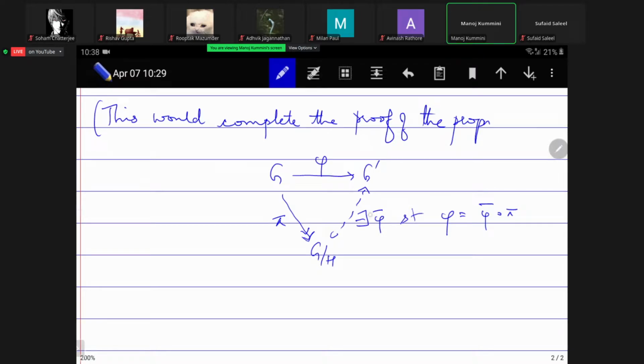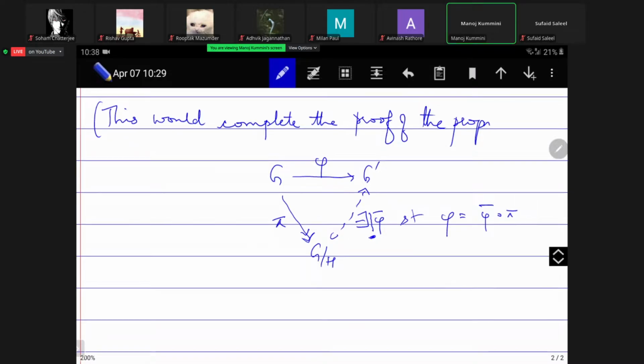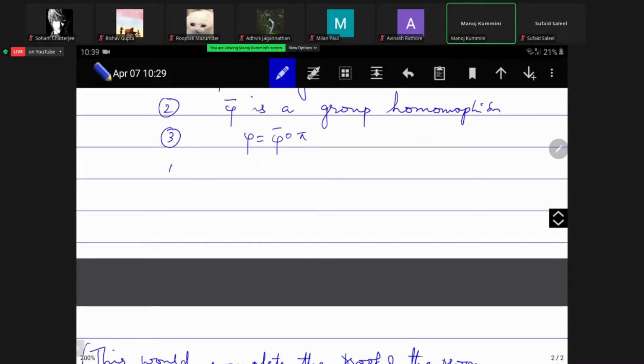In fact, there is a unique one. Maybe we should include that also in our claim: such a phi bar is unique.